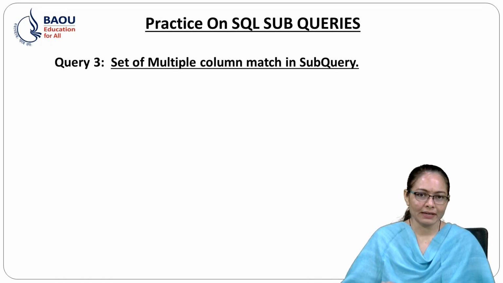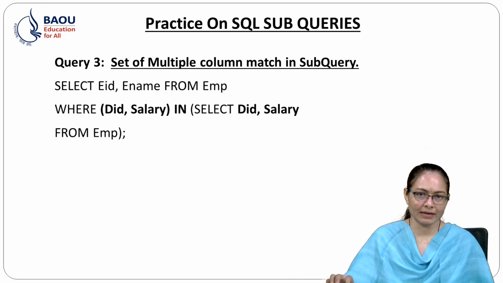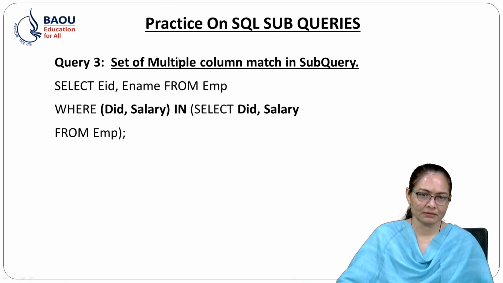Now the third query is to use a set of multiple column match in a subquery. How can we write multiple columns? See, select employee ID comma employee name from the employee, where in a multiple column.